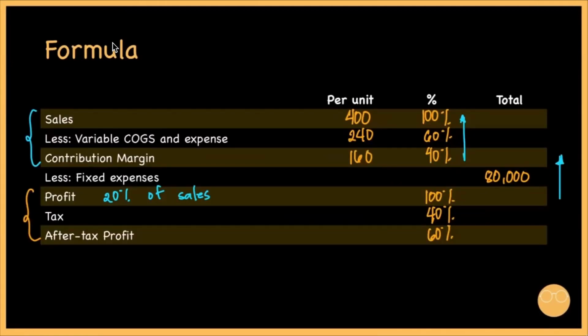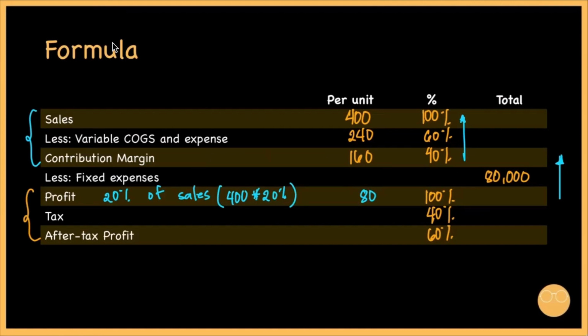We have here the 20% of sales, and the 20% of sales in terms of units, that will be 400 multiplied by 20%, that is 80 pesos.